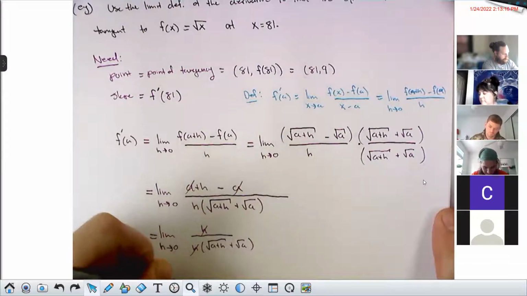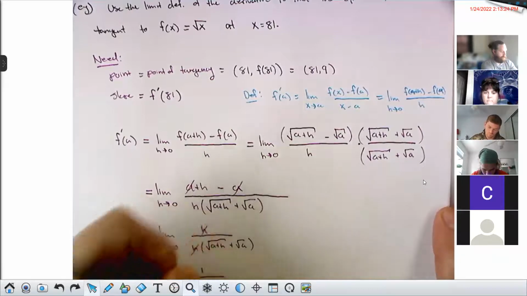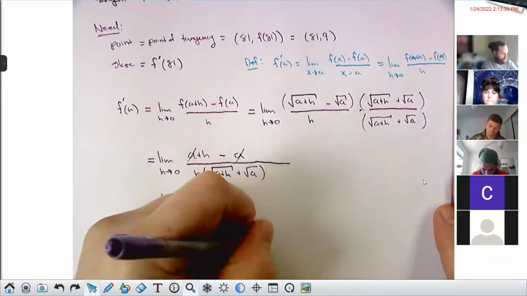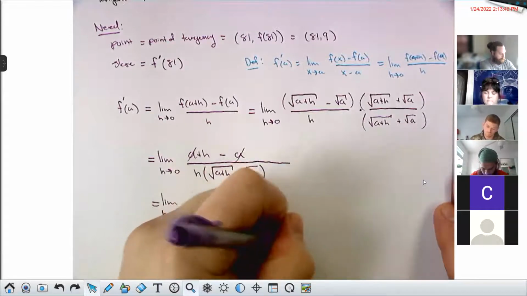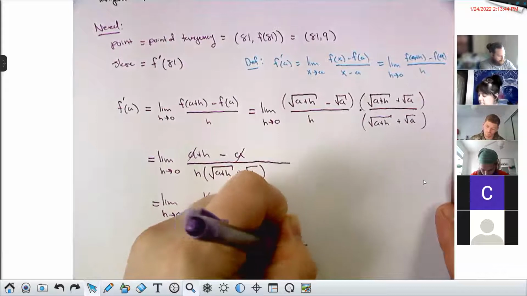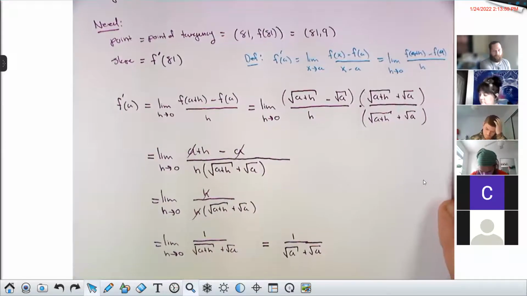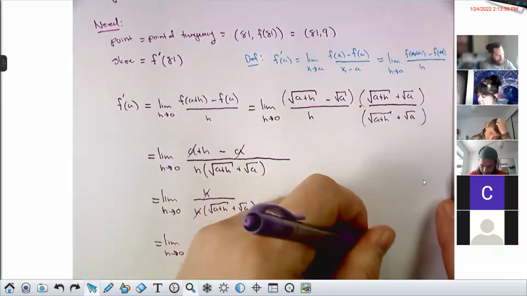And I get the limit as h goes to 0 of 1 over root a plus h plus root a. And sending h to 0, now that the h is gone from the denominator, I can do that. I get 1 over root a plus root a, which is 1 over 2 square roots of a.